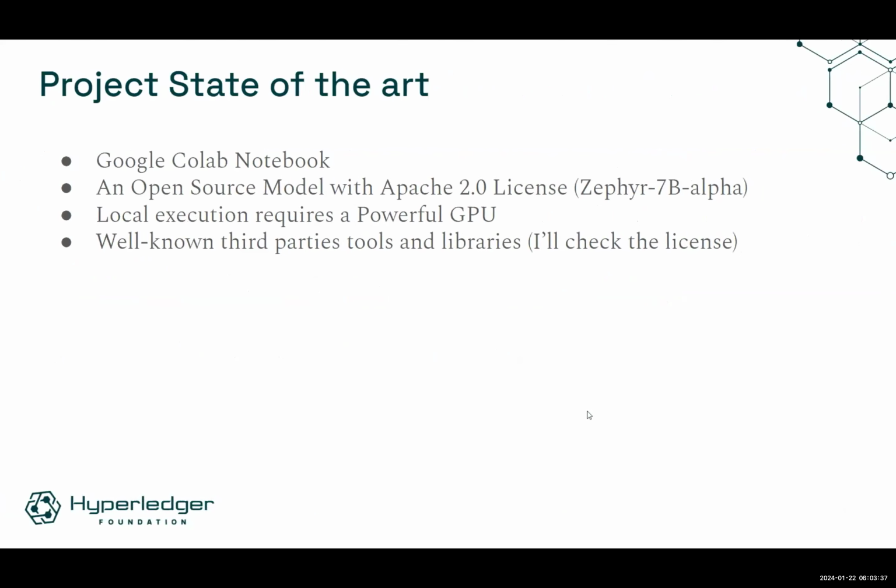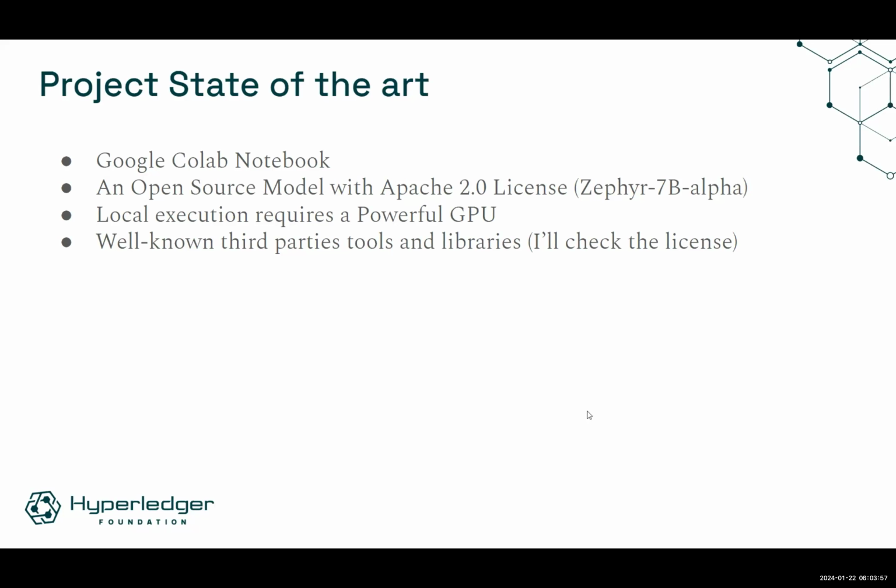The current state of the art of the project is that we have a Google Colab notebook with an open source model. We are using an open source model with the Apache 2 license. The name is Zephyr. It's a fine-tuned model derived from Mistral.